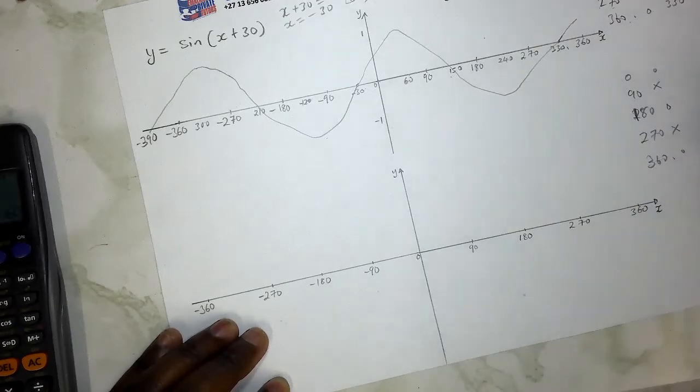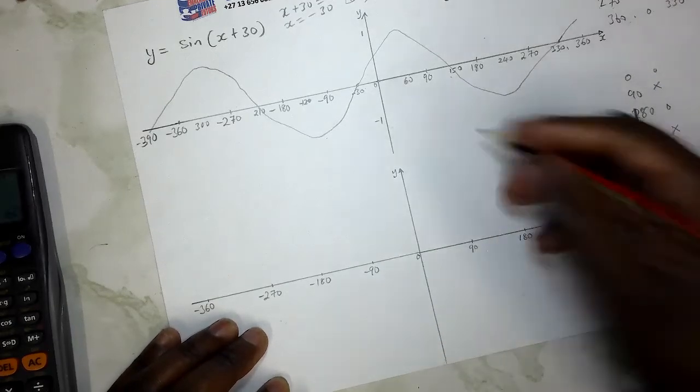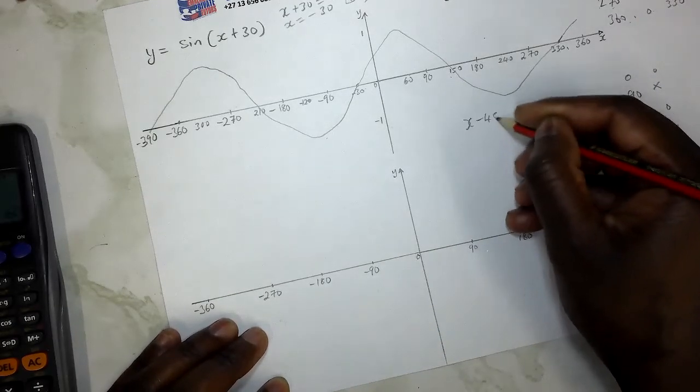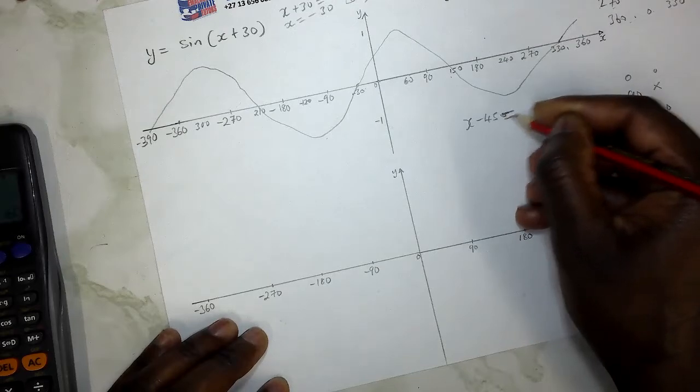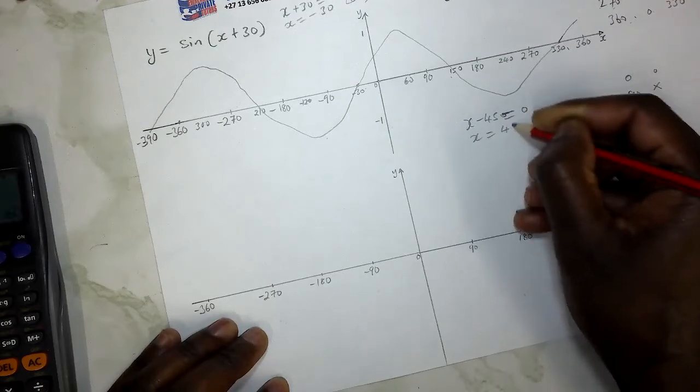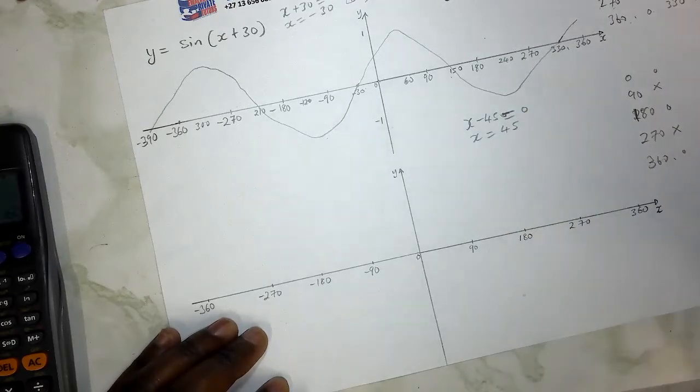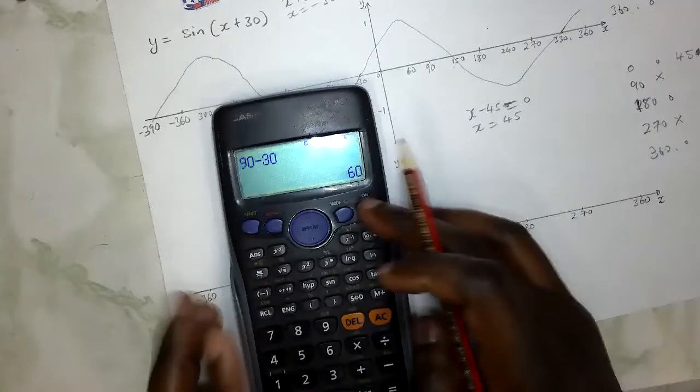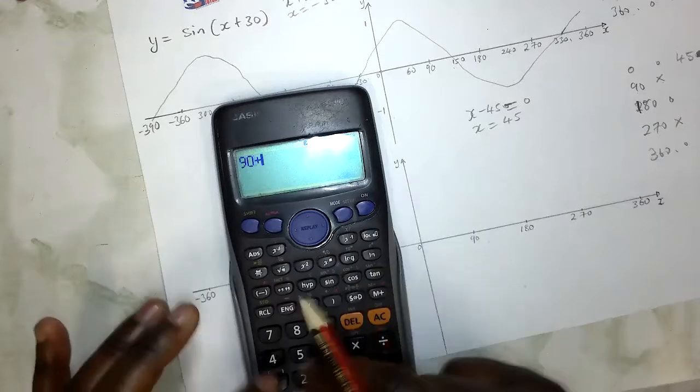So now when we say x minus 45 is equal to 0, x is equal to 45. So what are we doing? We are shifting by 45 units to the right. Here is going to be 45. Now 90 is going to be 90 plus 45.